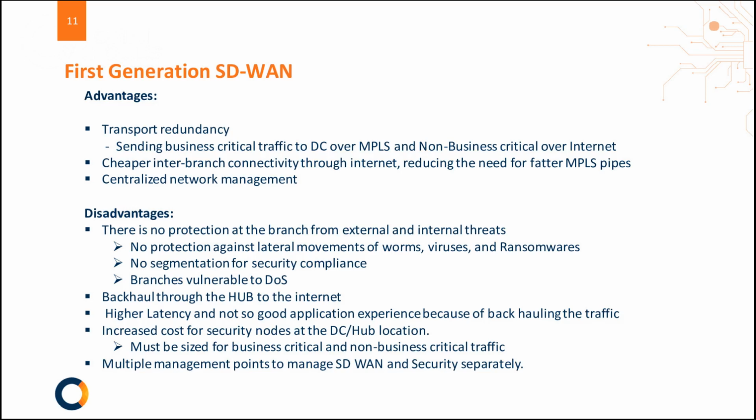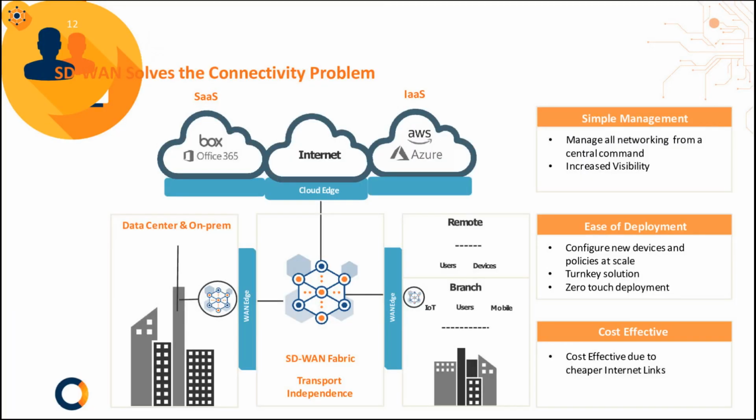So we need to focus on a solution that can handle all those problems. What happened was, we need to look into this issue, because the SD-WAN solved the connectivity problem by simplifying the management, ease of deployment, and it was cost effective as well, due to multiple internet links instead of MPLS.